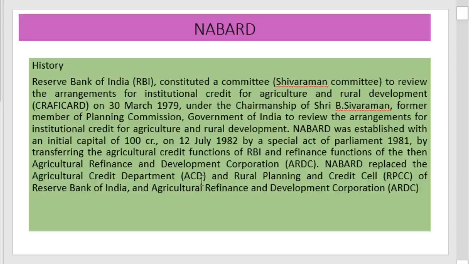The functions of these two institutions were transferred to the newly constituted NABARD. That is, it replaced the Agriculture Credit Department, the Rural Planning and Credit Cell (RPCC) of RBI, and also the ARDC.